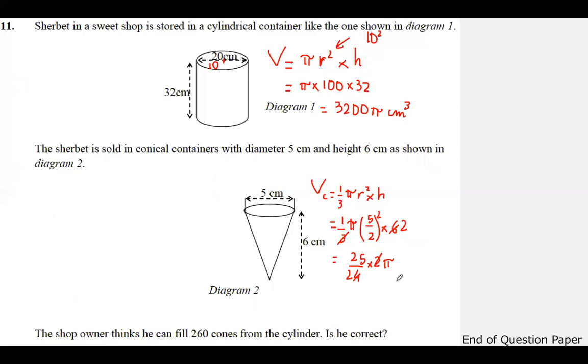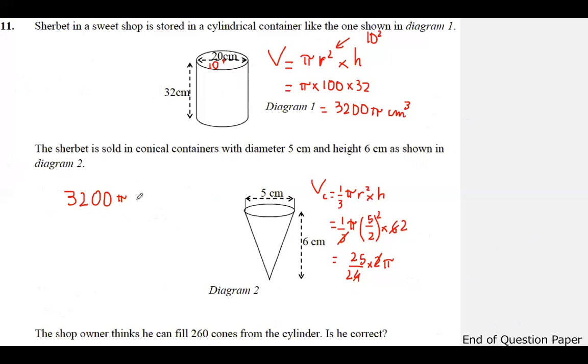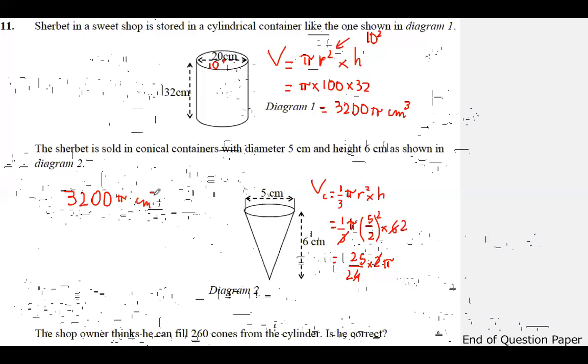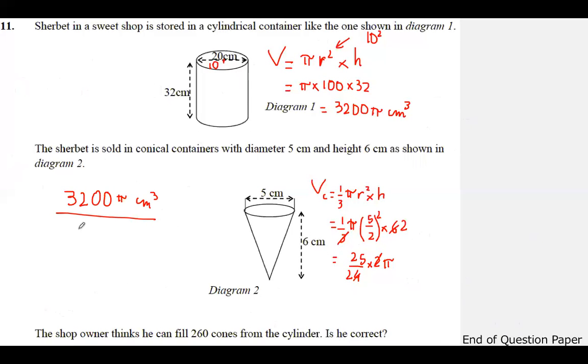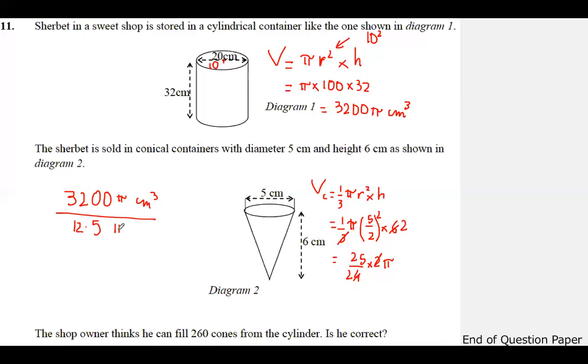Pi. So now, if I want to know how many of these I can fit in that big one, I need to divide 3,200 pi centimeters cubed by 25/2, or like you said, 12.5 pi centimeters cubed.